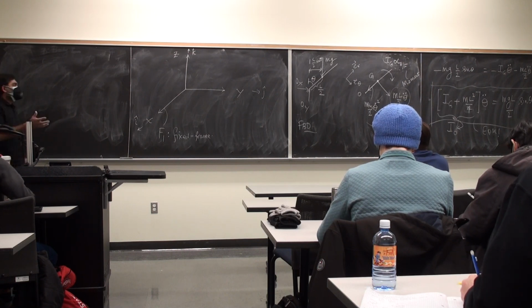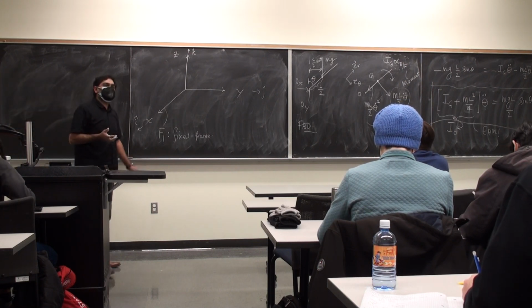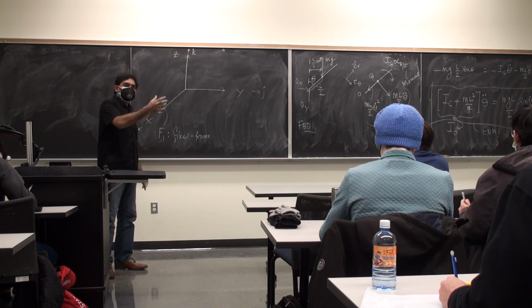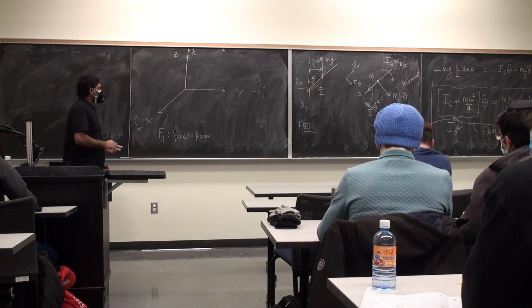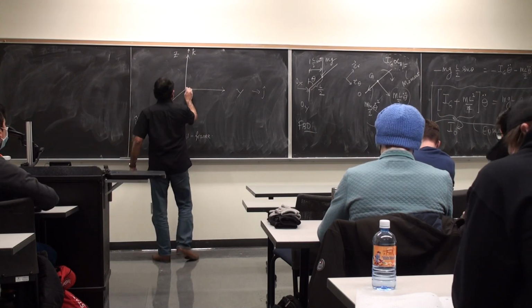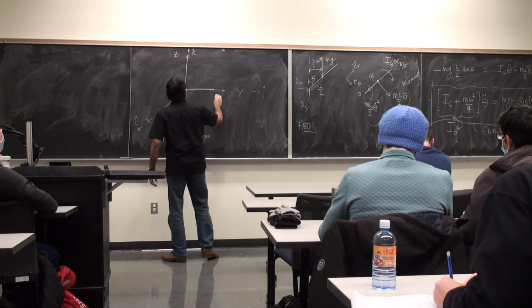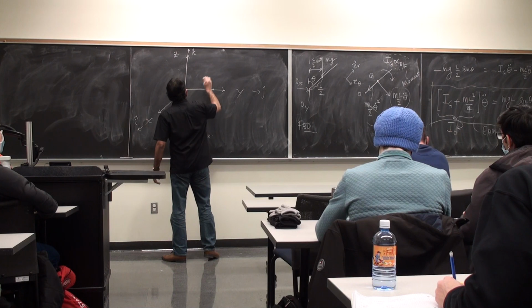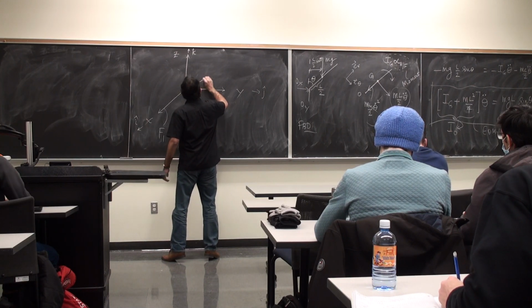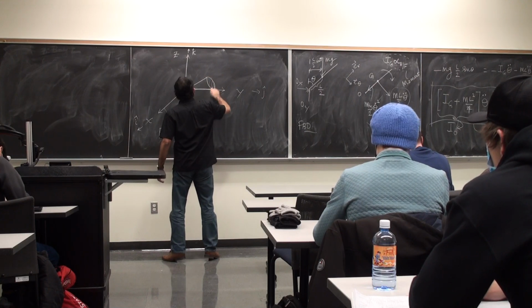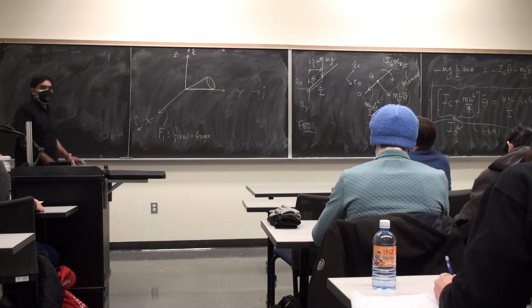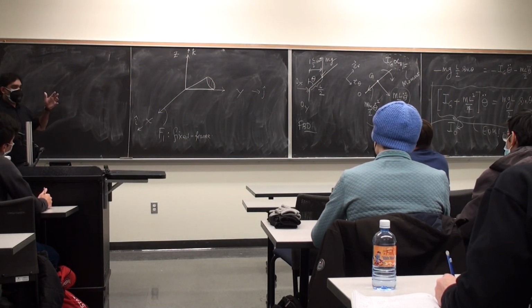I'm going to consider a right circular cone which is rolling along the xy plane. I'm going to draw it here. So this is a right circular cone. This is a rigid body.